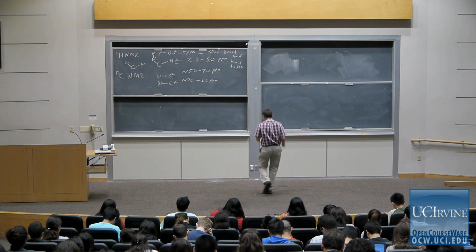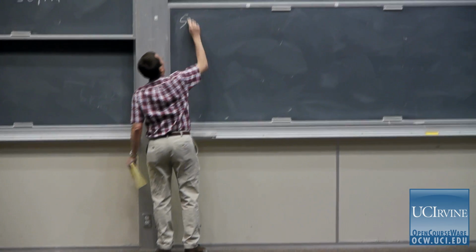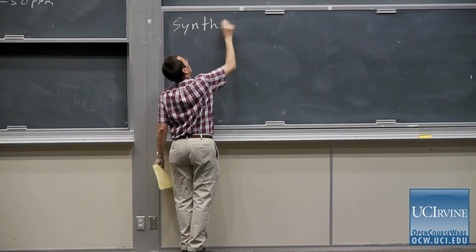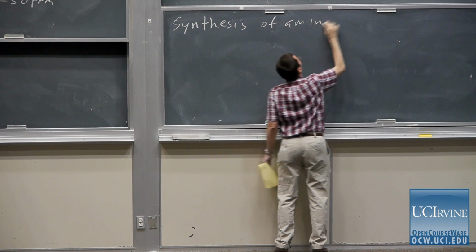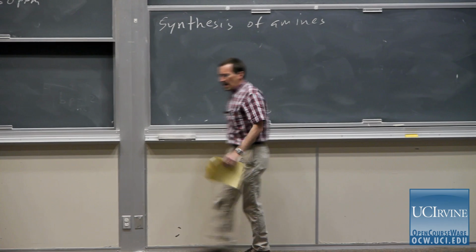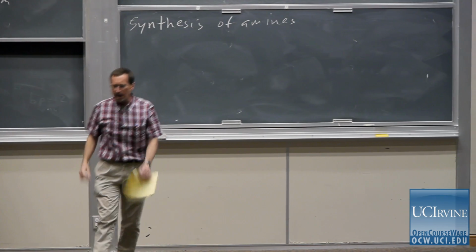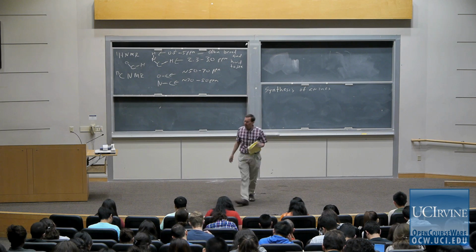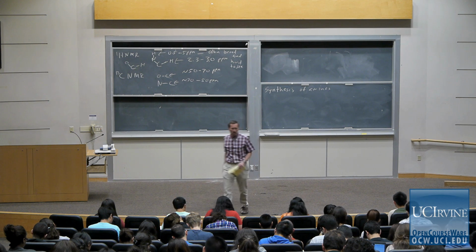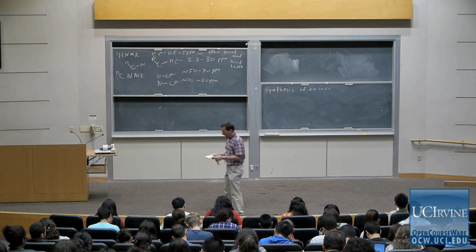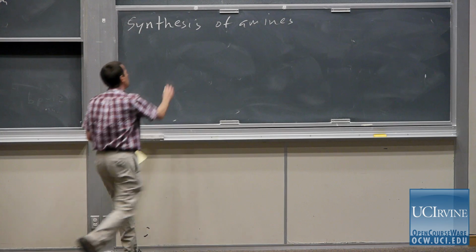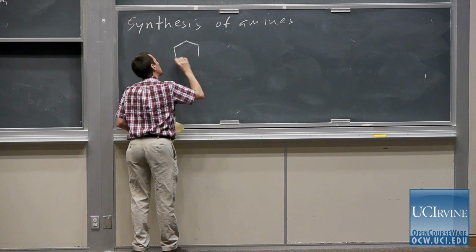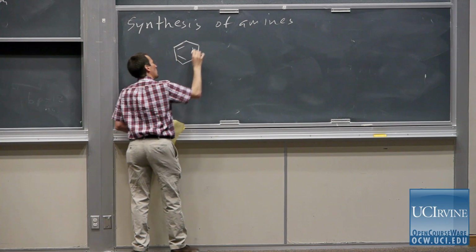So in the synthesis of amines, by way of a quick review, you learned that nitration, that electrophilic aromatic nitration, was a very common reaction and a way to substitute an aromatic group. And the nice thing is it's really, really easy to reduce the nitro group.